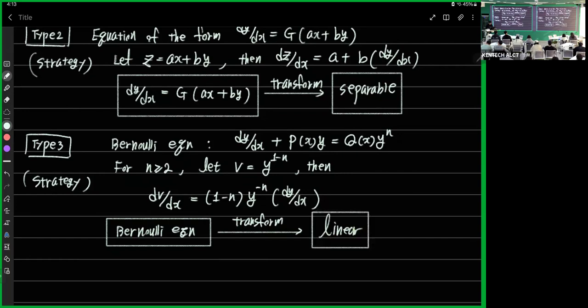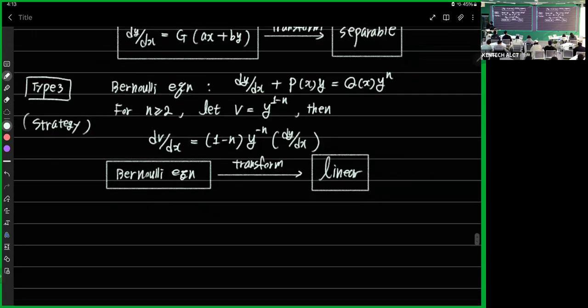So the last one, type 4: linear coefficients.